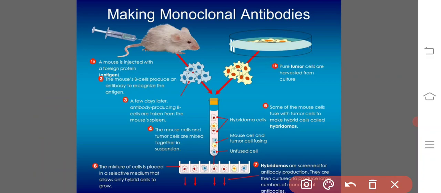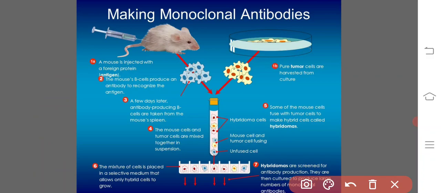Here spleen cells and hybrid cells are HAT resistant, but myeloma cells die due to the HAT. Spleen cells can live for 1 or 2 days and then die. During cell fusion, it's very, very important.